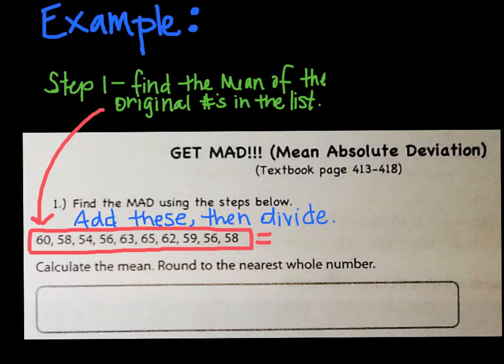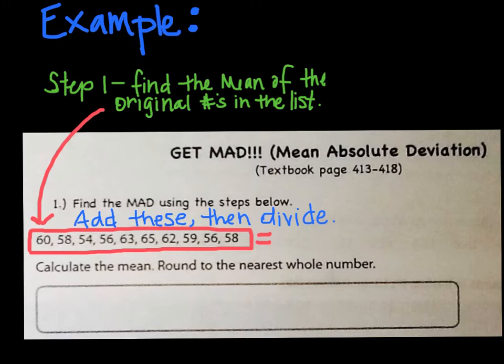I'm going to show you an example with actual numbers, because I know just saying the rules or the steps can be confusing, but when you actually see them in a list of numbers, it makes more sense. The example we're going to look at today has 10 numbers in the list. I've put a box around them, and step 1 is we need to find the mean of this original list of numbers.